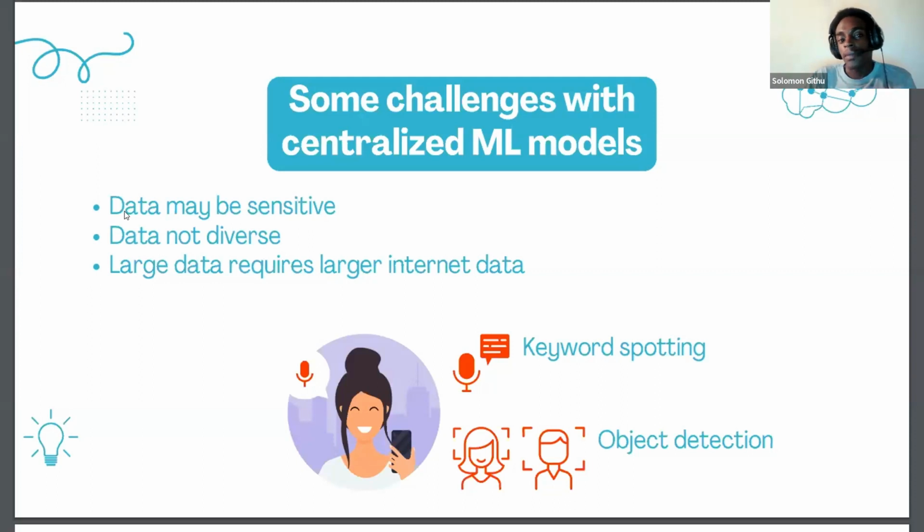The problem here is how do we get these models? How do we get a model that can take a picture and say, this is a person and this is Solomon? One of the things that we can do is, on our mobile phones, continuously collect audio data and images. And then we take these images and we send them to Google.